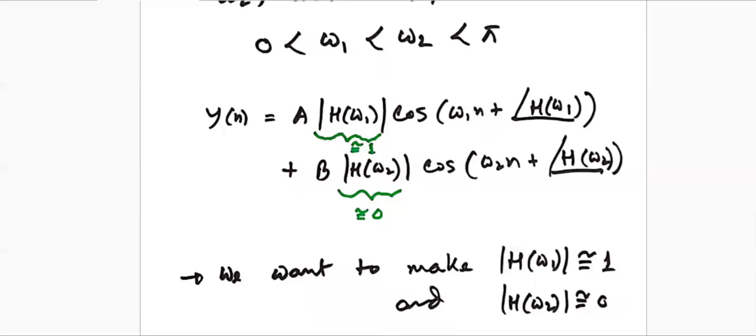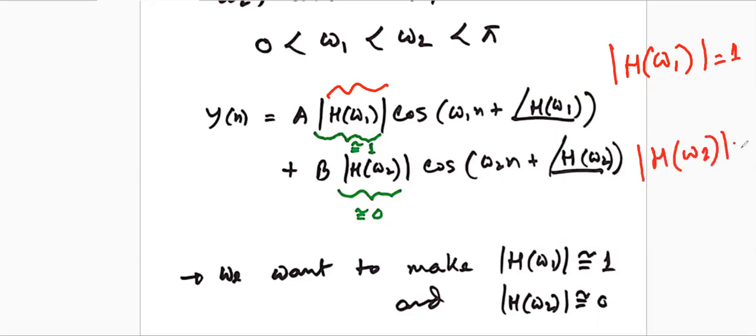of the example, we need to make H(ω1) equal to 1, the value of that should be 1, and H(ω2), the amplitude, should be 0. In practice, it is very close to 1.